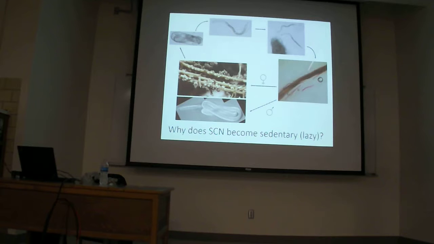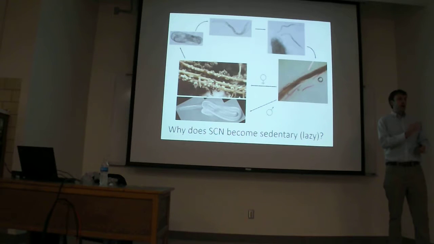So 40 years ago, a nematologist down in Australia named Alan Bird, working with root knot nematode, which also has a similar developmental pattern, did some nice behavioral work where he dissected out root knot after it had been infected and tried to see if it would be mobile, and found that, sure enough, it's not going to move. Once it's established that feeding site, he could take it out of the root, and it doesn't move. It can't reinfect. Okay? And similar unpublished data has been shown with SCN.